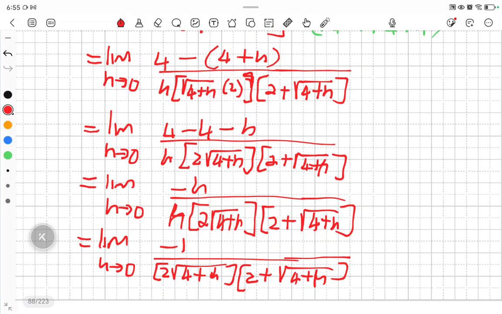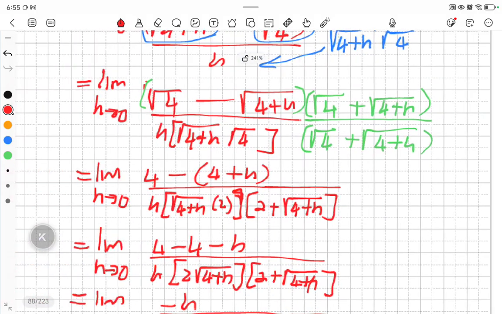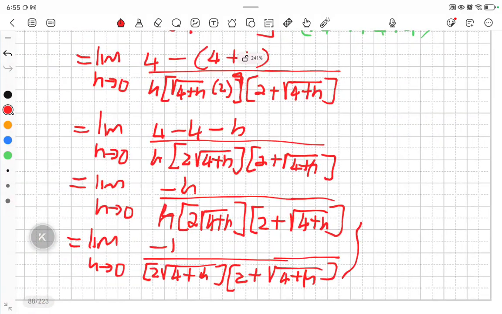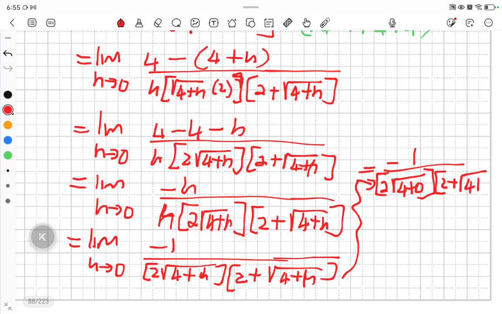Right, and this would be minus 1 over 2 root of 4 plus 0 times 2 plus root of 4 plus 0. You see, right? And this would be minus 1 over 2 root of 4 times 2 plus root of 4.